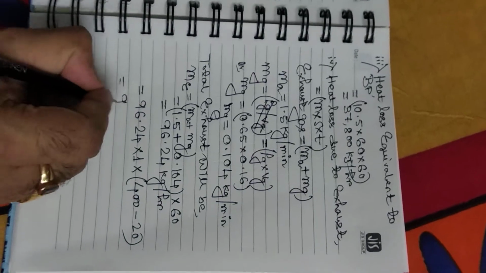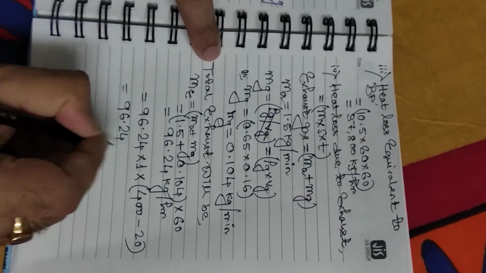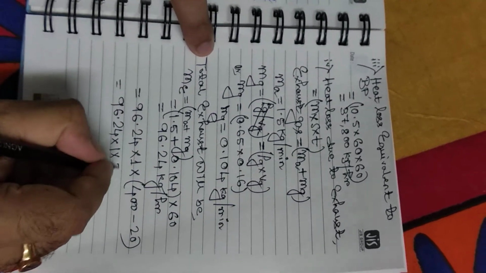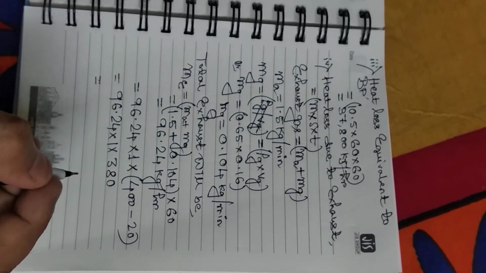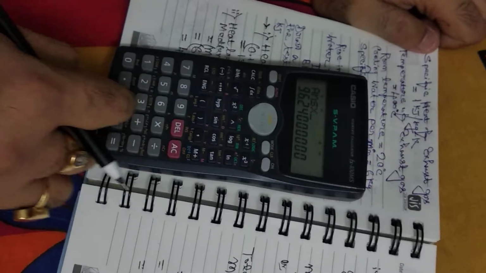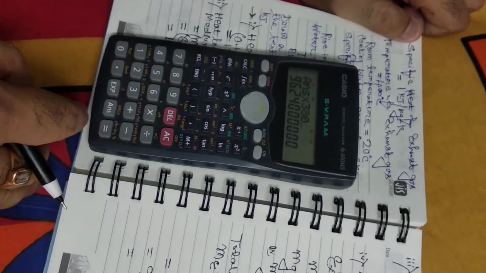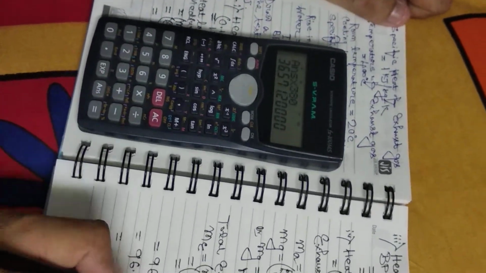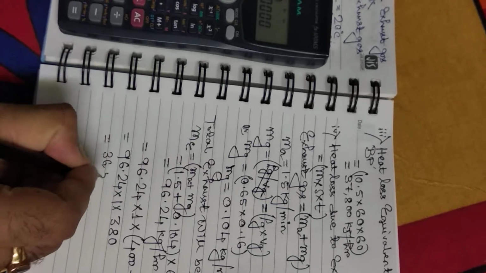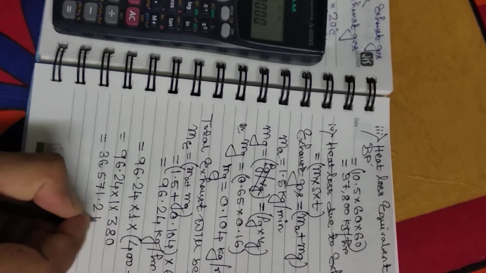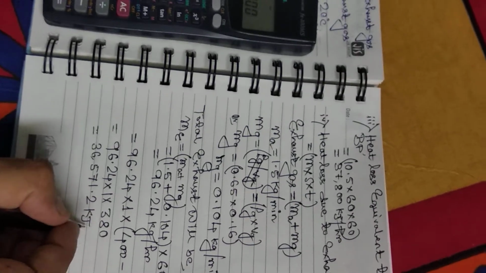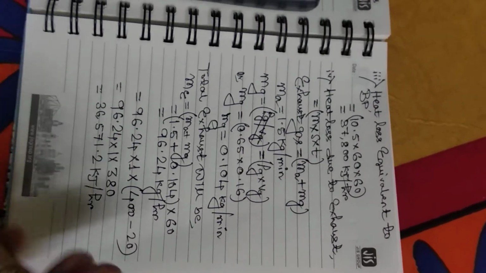So it will be 96.24 into 1 into 380, which is 36,571.2 kilojoule per hour.